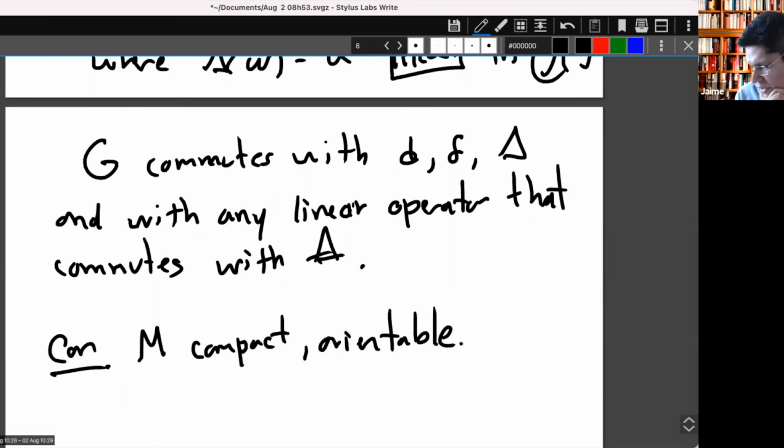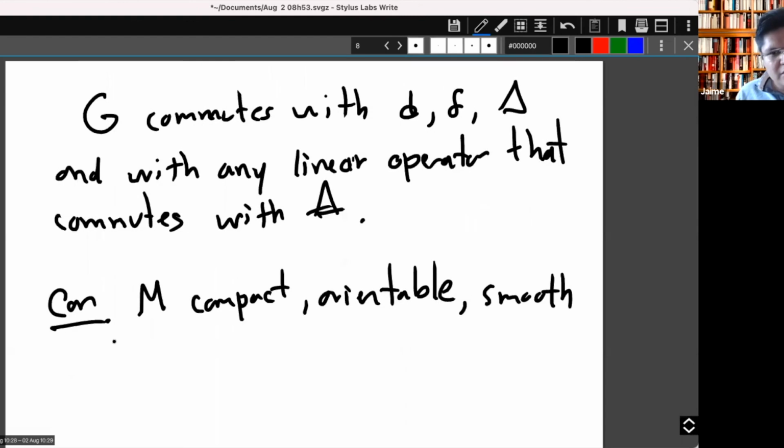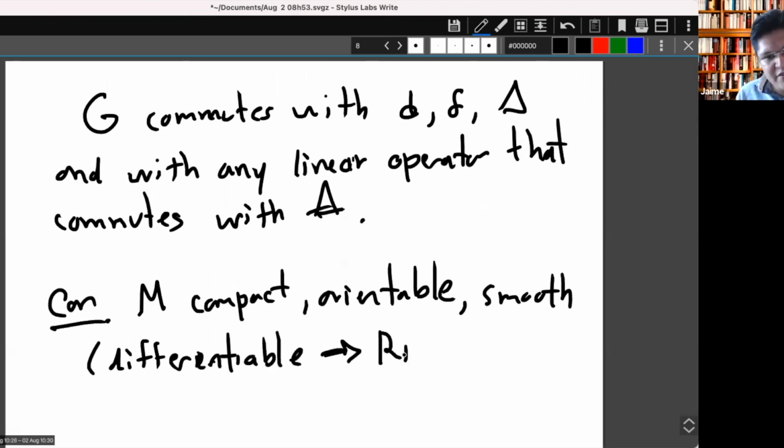I'm gonna drop the Riemannian assumption because you know, differentiable actually implies Riemannian.